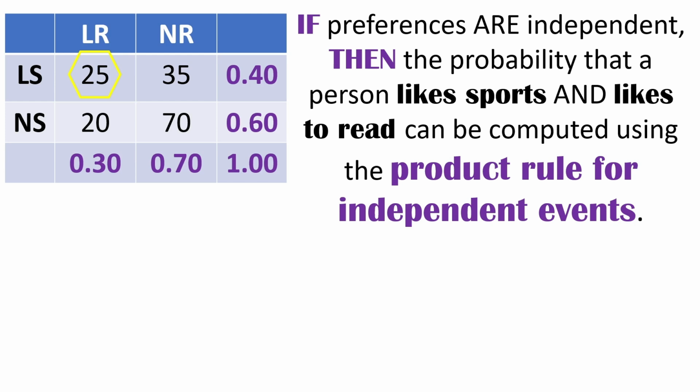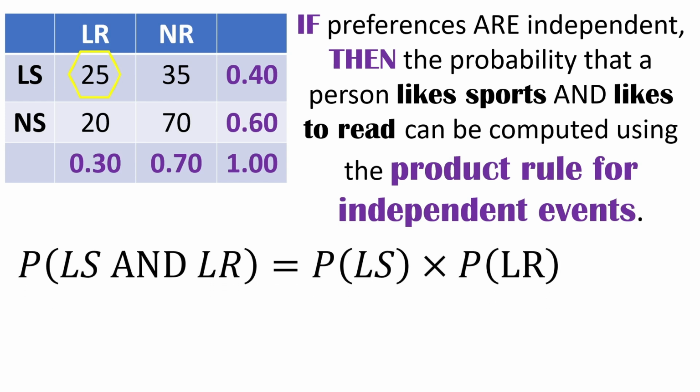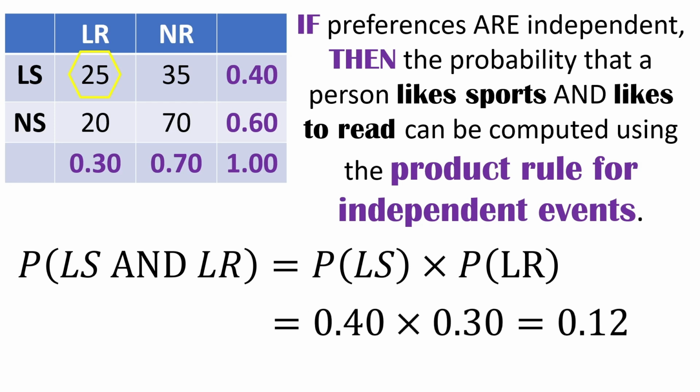So we're assuming independence, which means if we want to calculate the probability that one randomly selected person likes to read and likes sports, then that probability is just the product of those individual probabilities because we're assuming independence. And so we can calculate that and we come up with 0.12 or 12%. So if the null is true, we expect 12% of people at Mount St. Vincent University to like sports and like reading.